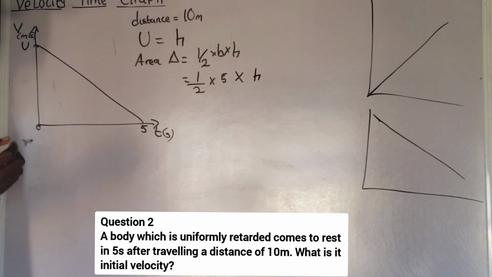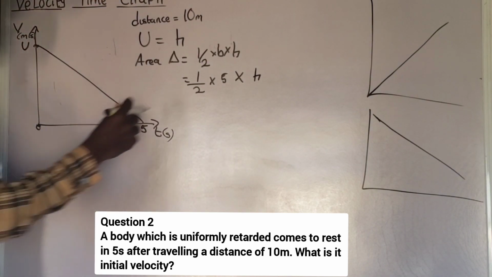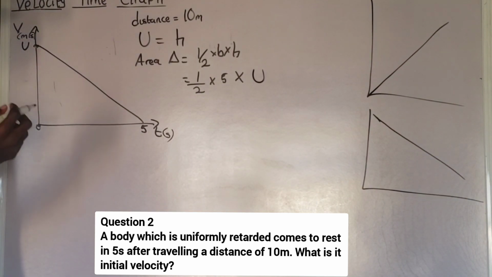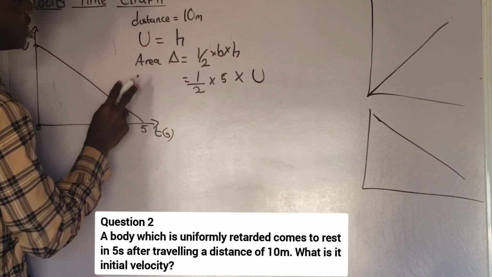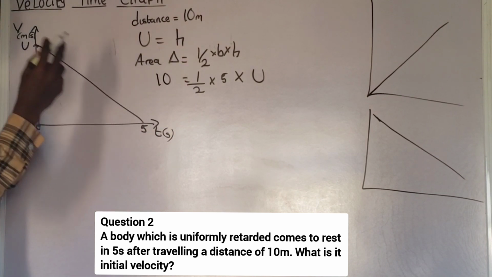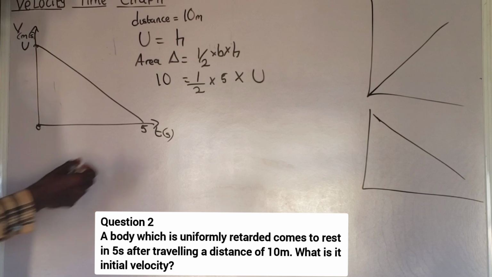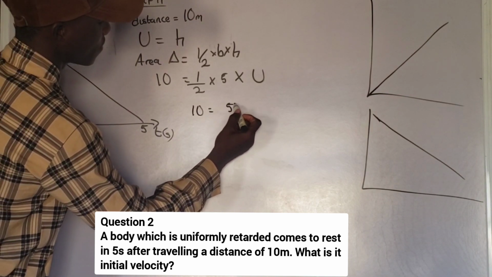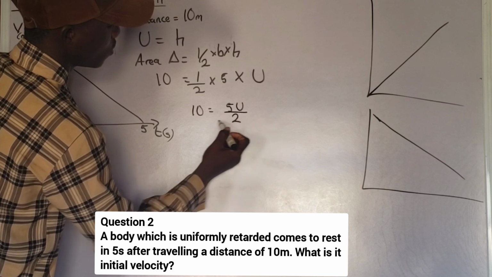I don't know the height. The height is also the same thing as v, or let us represent it as u. So the area has been given. The area is 10 meters. So I'm going to have 10 equals half base times height, so 10 equals 5u all over 2.